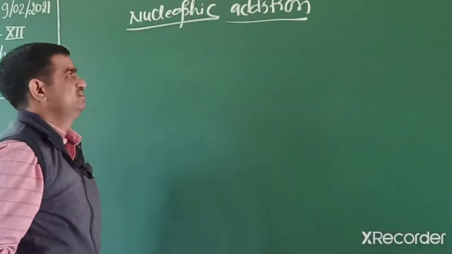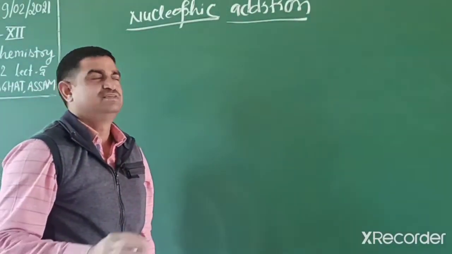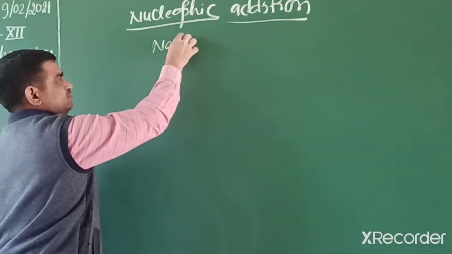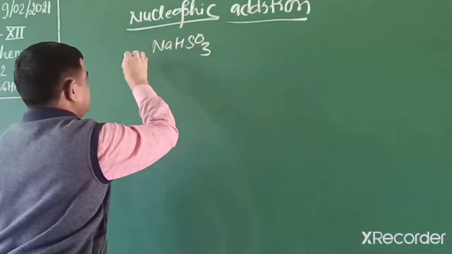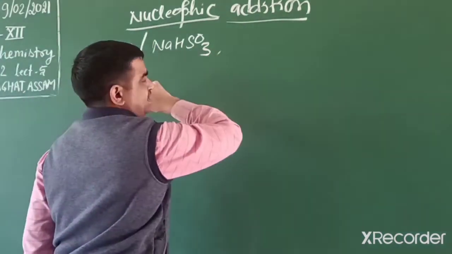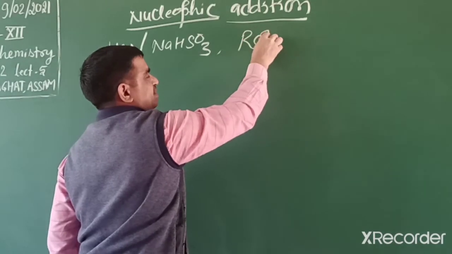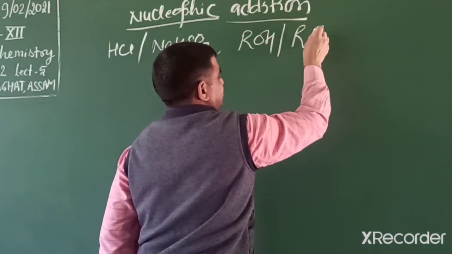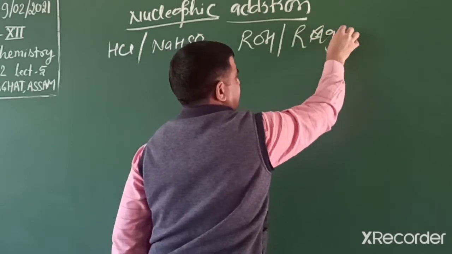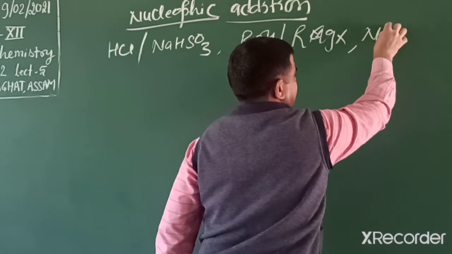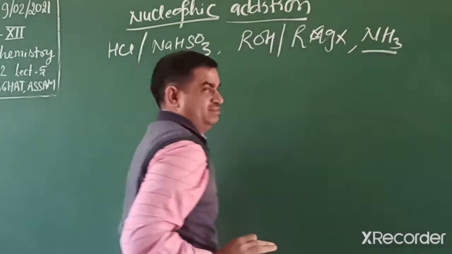Nucleophilic addition means reaction with hydrogen cyanide, reaction with sodium bisulfite, and other reactions with alcohol, reaction with Grignard reagent, or reaction with ammonia and its derivatives, such types of reactions.